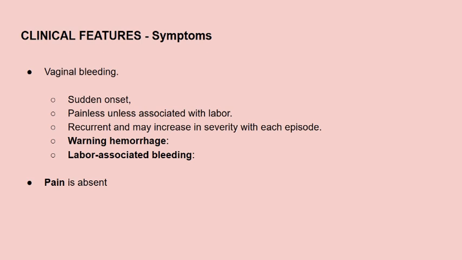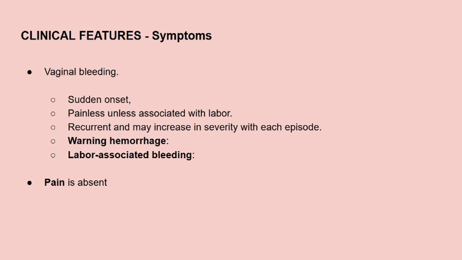So let's talk about some of the clinical symptoms. The primary symptom is vaginal bleeding. Okay? The vaginal bleeding is usually sudden. You see a woman who has seemingly been fine, suddenly just has bleeding through her vagina. Characteristically, it is painless. It may just be recurrent. So a woman may come in antenatal and tell you, doctor, I saw blood today.